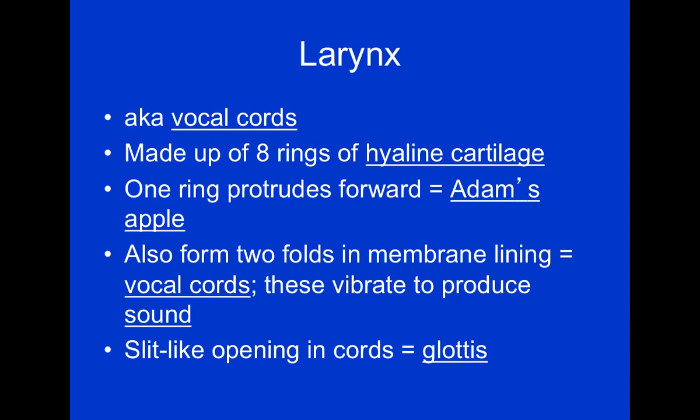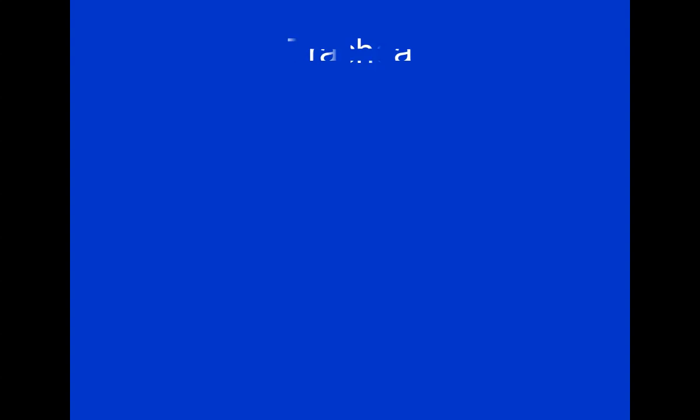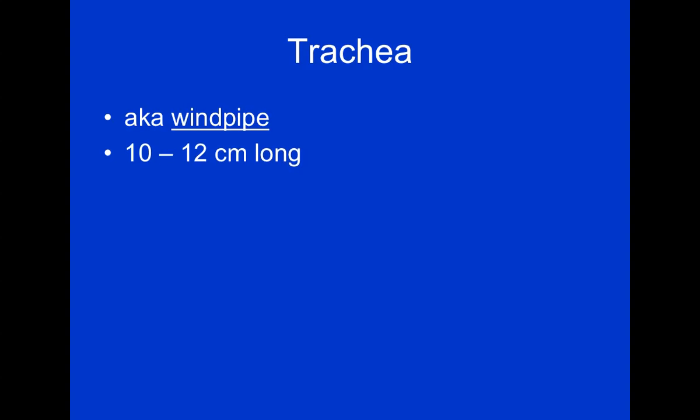As air continues down into our respiratory tract, the next structure is the trachea, and this is typically called the windpipe. This is shorter than most people think. It's actually only about 10 to 12 centimeters long. That's because we typically think of the area where our larynx is as being the trachea, and it's not.